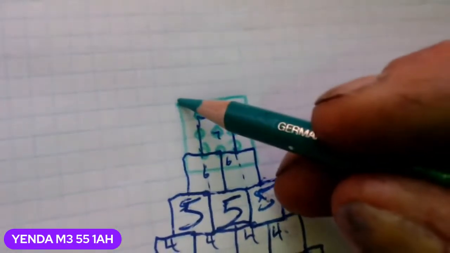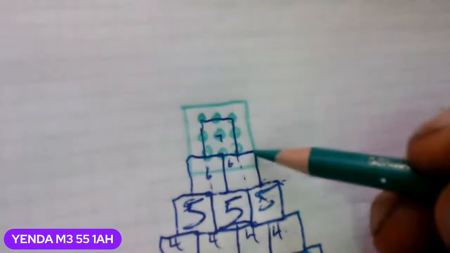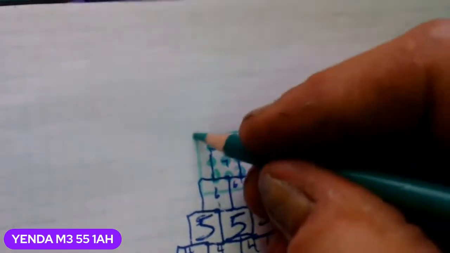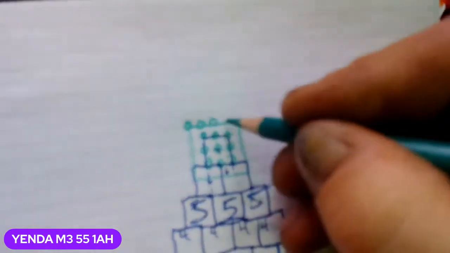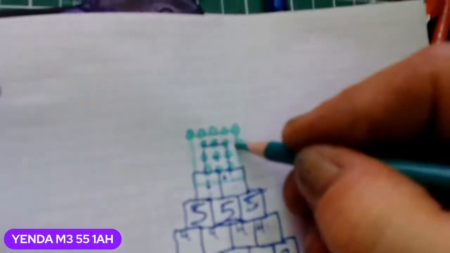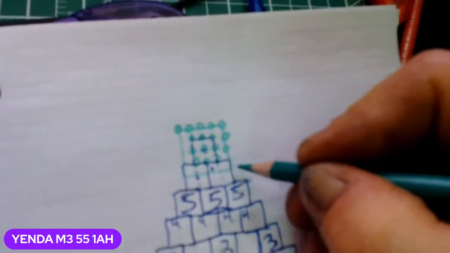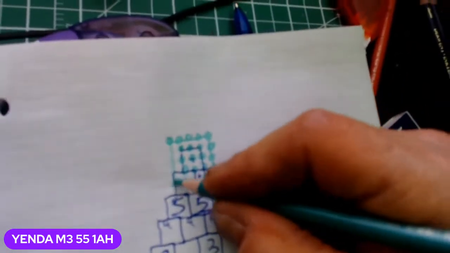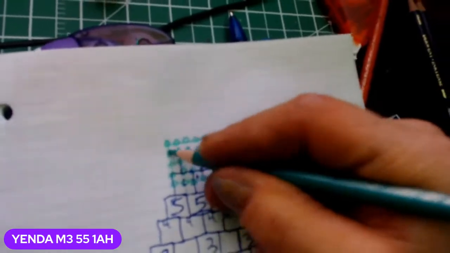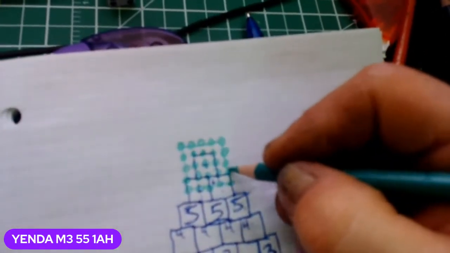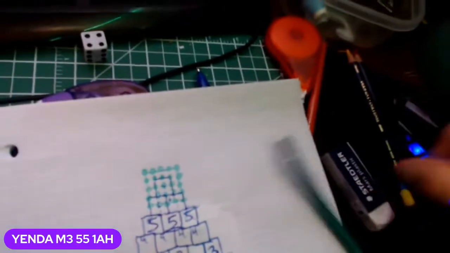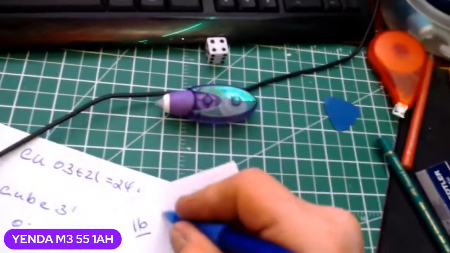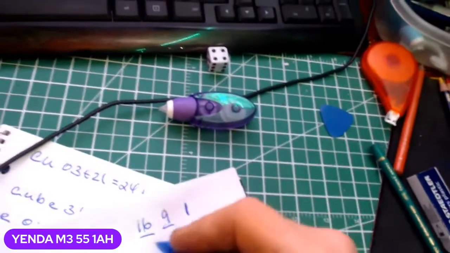And then this size will have 1, 2, 3, 4, 5, ... 13, and then 1 through 16. 16, 9, and 1.